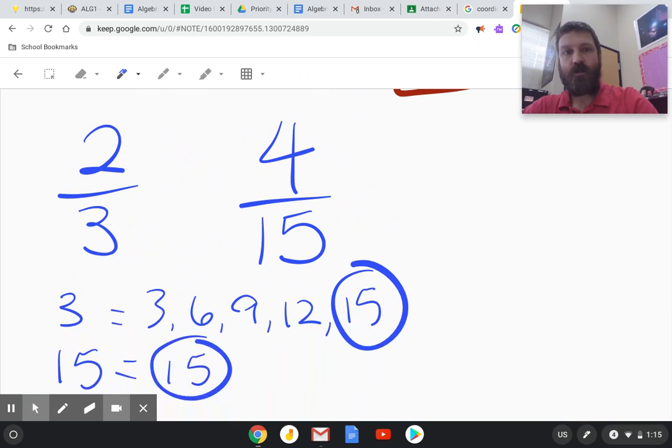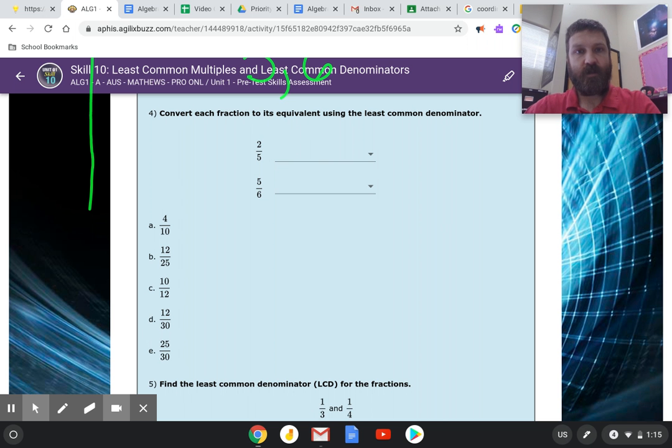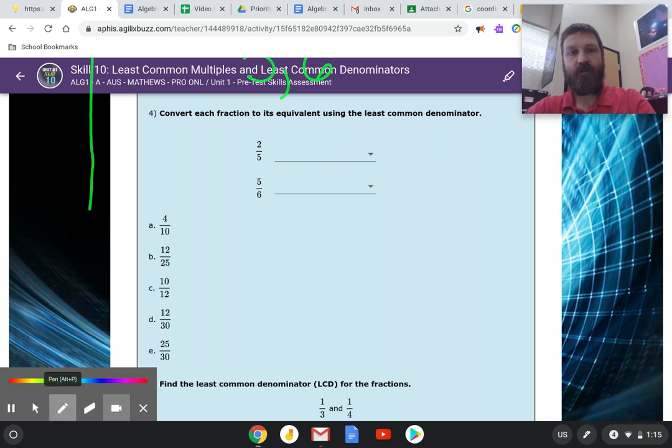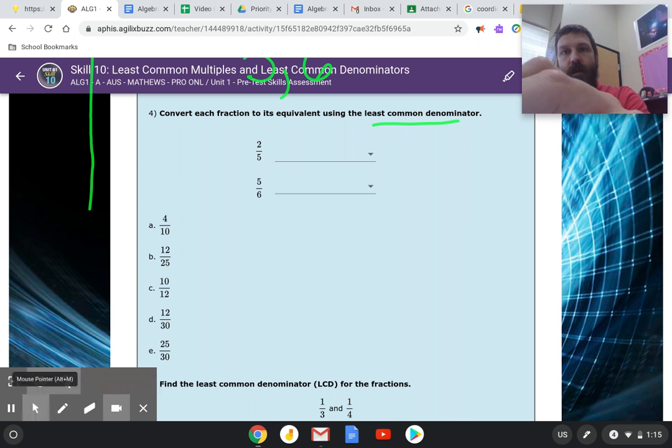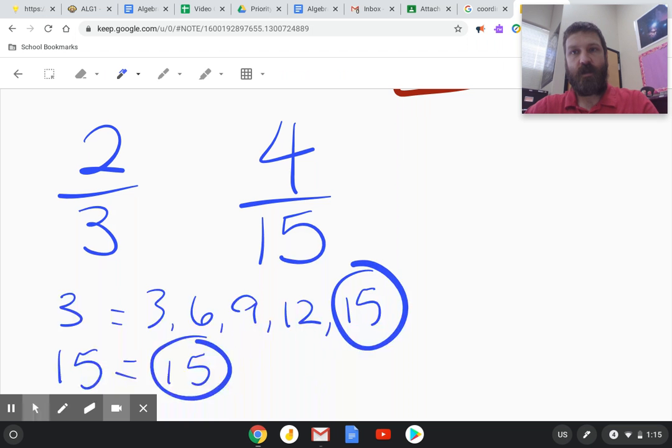We had 2/3 and 4/15, and they wanted us to make them have equivalent fractions using the common denominator. So the common denominator was 15. So the question is, how do I make 2/3 become something over 15?